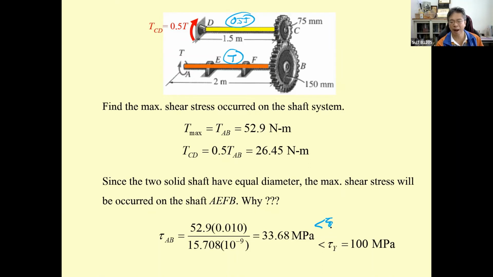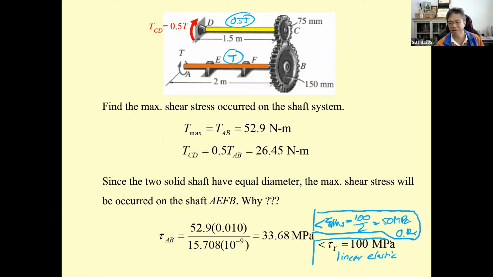If you compare to the tau allowable, that is 50 megapascal, it's going to be okay based on the design. Based on this, it tells us it's going to be in the linear elastic behavior. This comparison is based on the design, and this comparison is based on the behavior of the material.